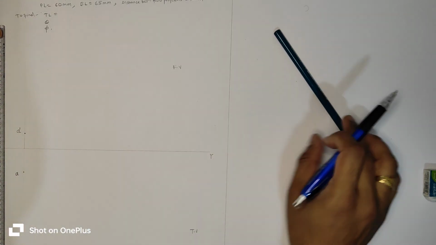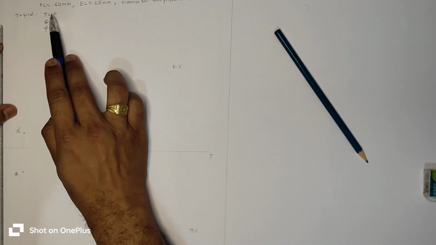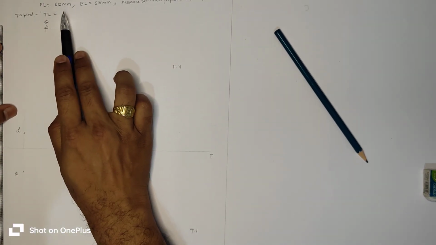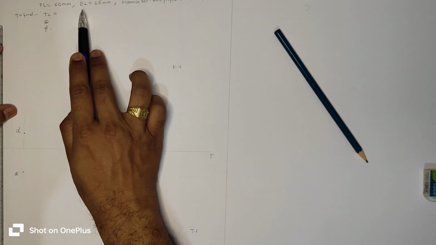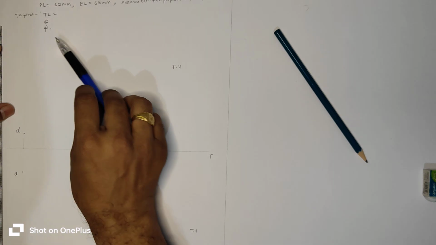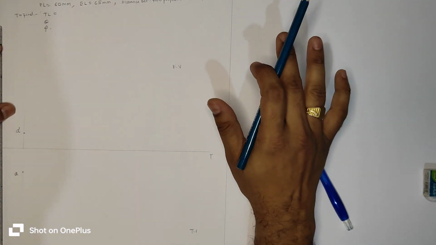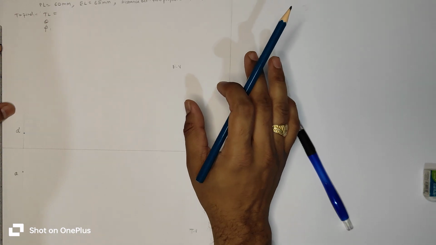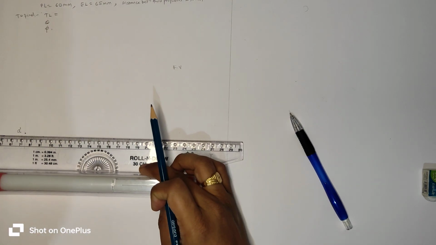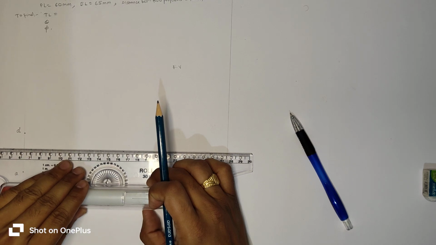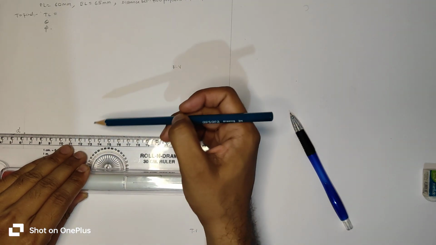Now in the question it is given that the true length is not given. The plan length, meaning the top view of the oblique line, is given 60 mm. So first, as per the concept from theory of projection, we will draw a baseline originating from this start point parallel to XY.